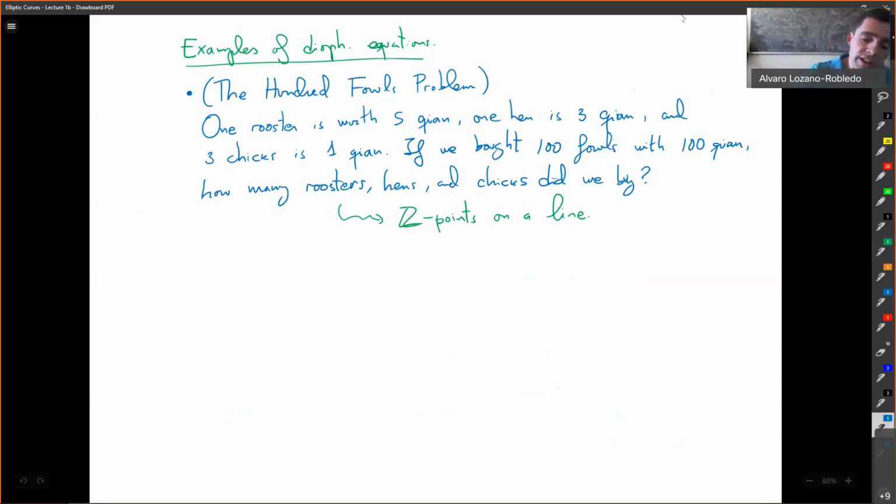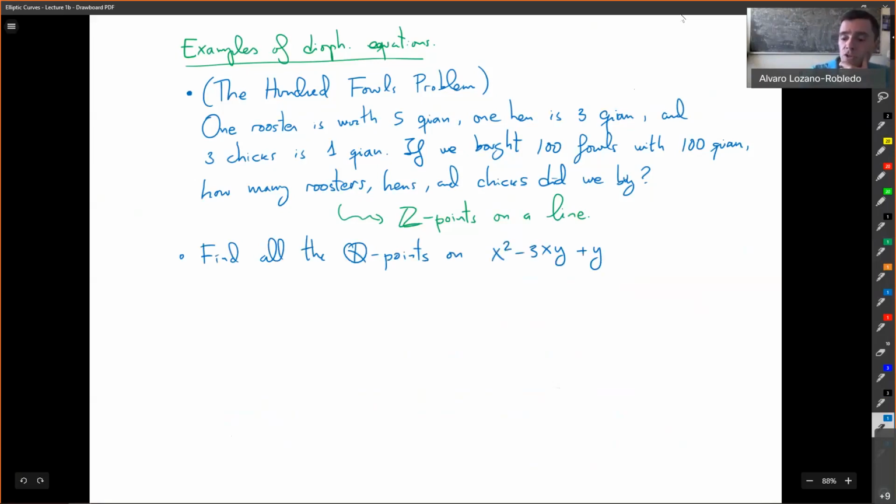I'm also suggesting another problem, that is find all the Q points on the conic x squared minus 3xy plus y squared equals 5.